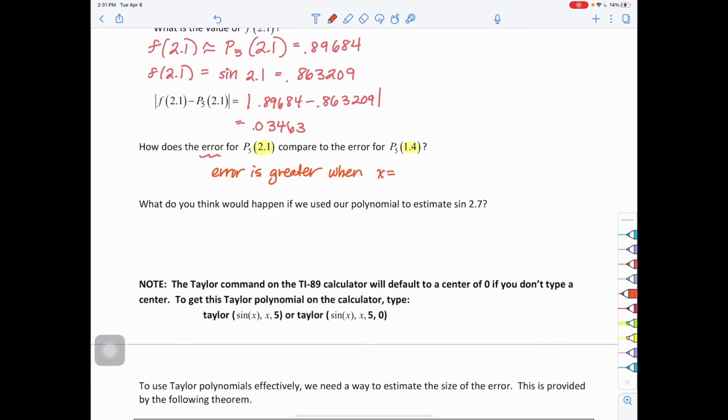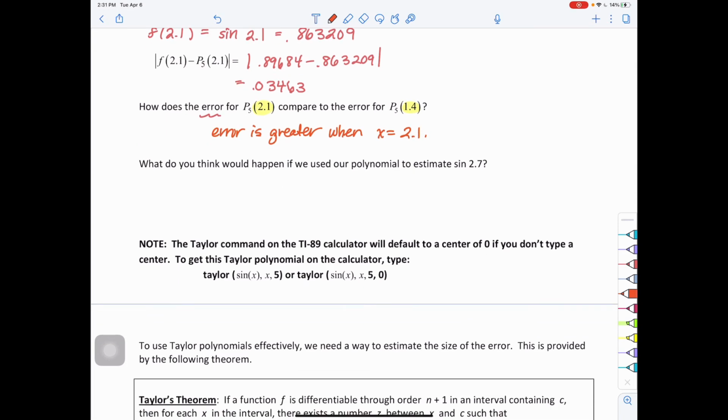When x equals 2.1. What do you think would happen if we used our polynomial to estimate the sine of 2.7? The error would be even greater. So I want you to think about those graphs that overlaid each other when we first started.